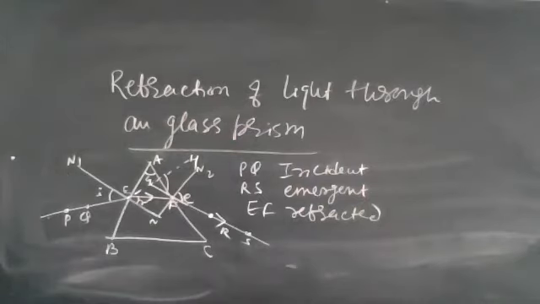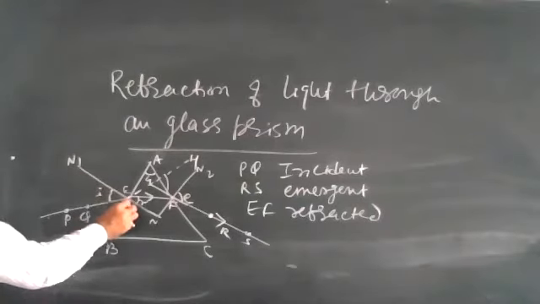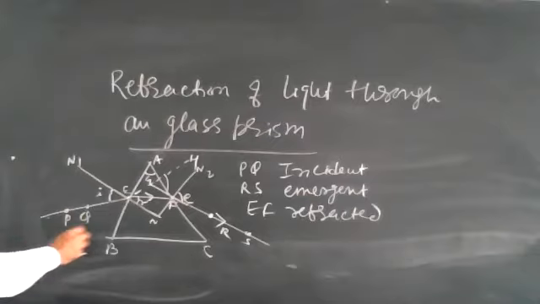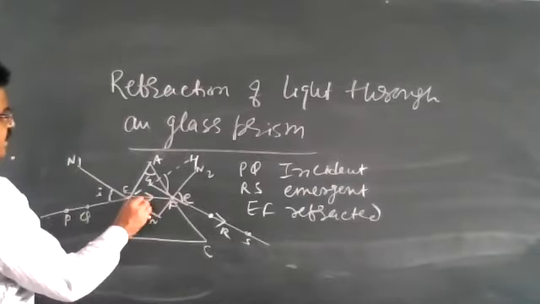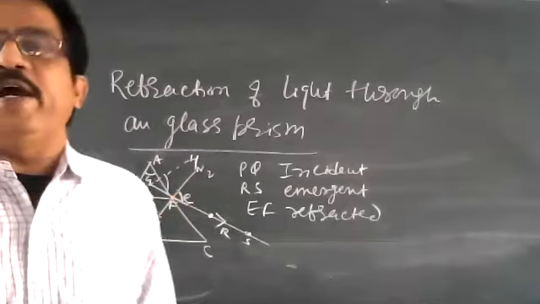These are different rays. Now, here it is the angle of incidence N1EP. Here it is the angle of refraction. This is our angle of emergent. Three different angles are there.